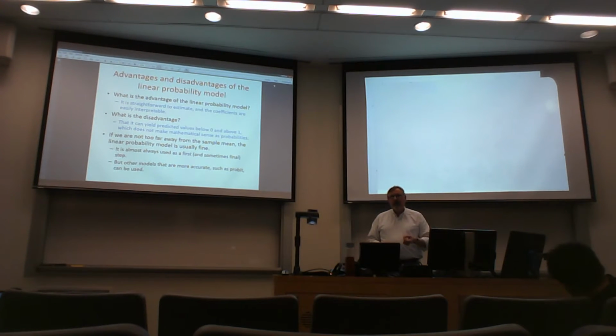Sometimes it'll give you a meaningful answer. If you're sort of in the middle of the range of your data, it'll give you an answer that's not unreasonable. But when you get to the tails of your data, this method is going to break down. It'll give you answers that either are ridiculous or impossible.